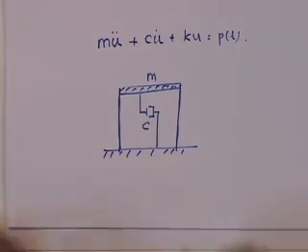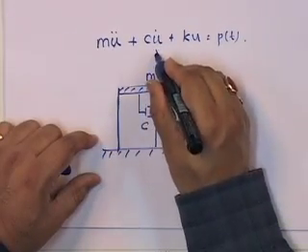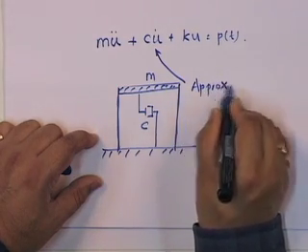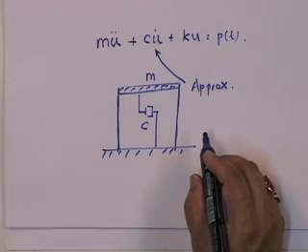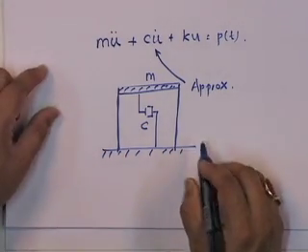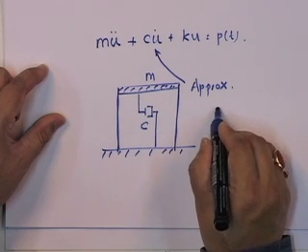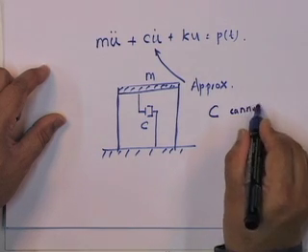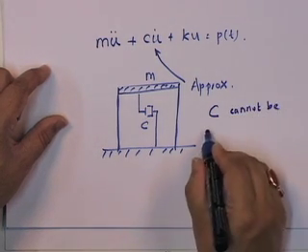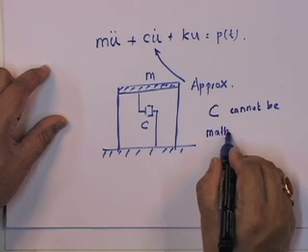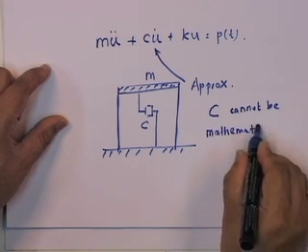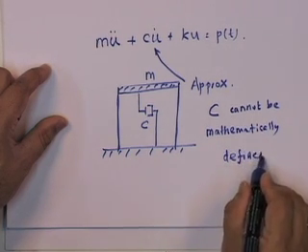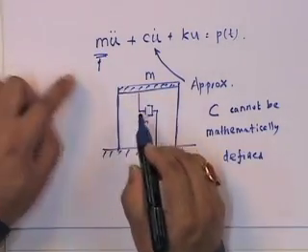So, understand that this is an approximation, and although in a mechanical system the C is the dashpot constant, here C cannot be mathematically defined. So, understand that m is the mass, we can actually get it.